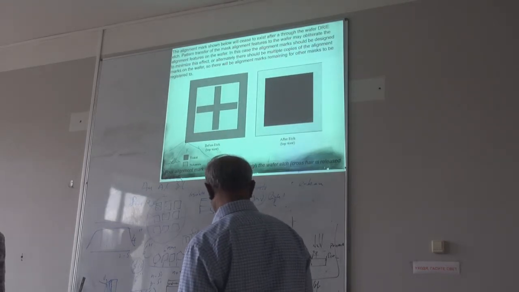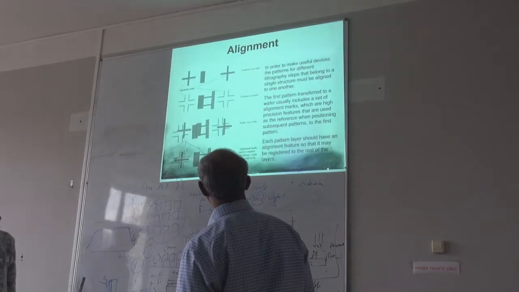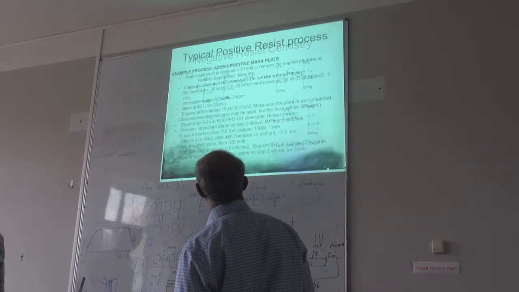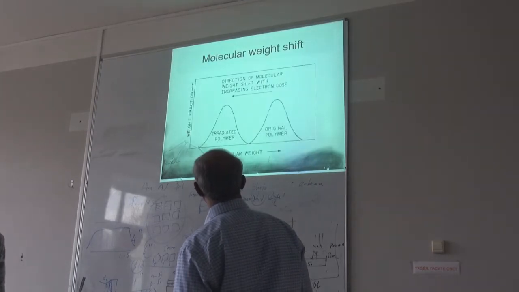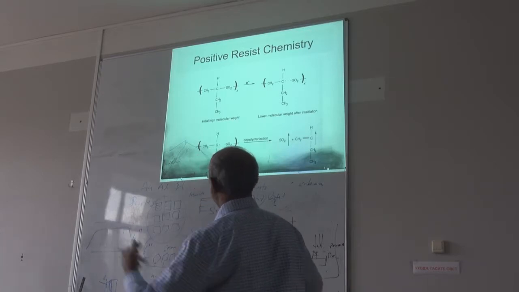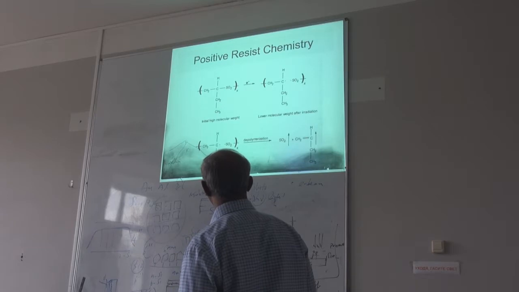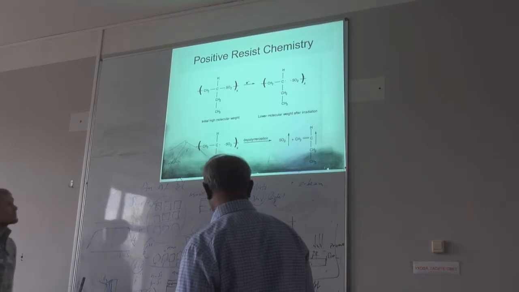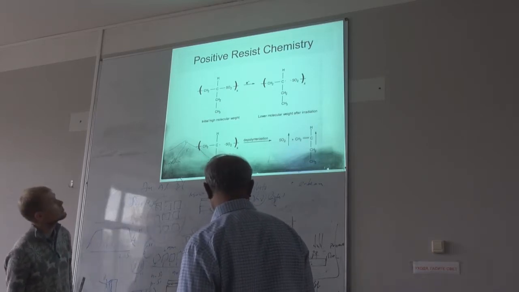Okay, so I had some more. This is what really happens with the resist. This is chemistry, how the cross polymerization happens. So your chains become longer or shorter.